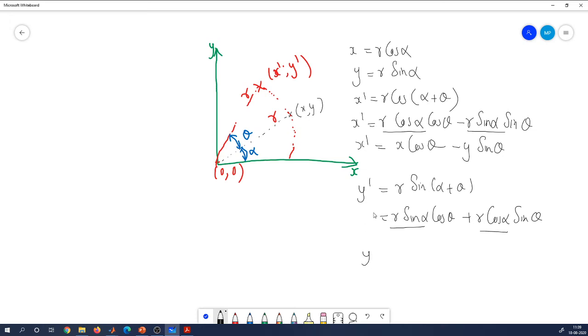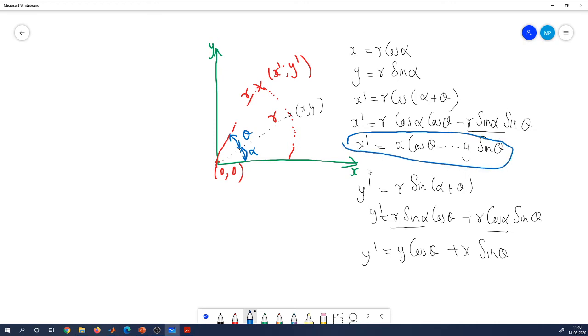So y dash is nothing but y cos theta, because r sin alpha is y and r cos alpha is x, plus x sin theta. So there is a nice expression for x dash and a nice expression for y dash. Now let me put it in terms of a matrix operation.